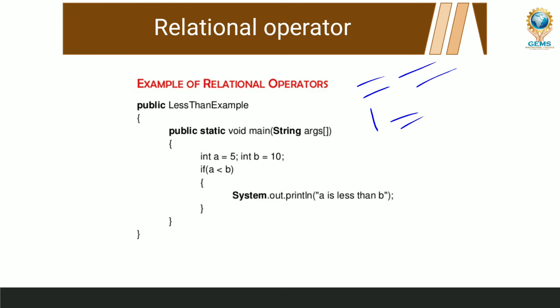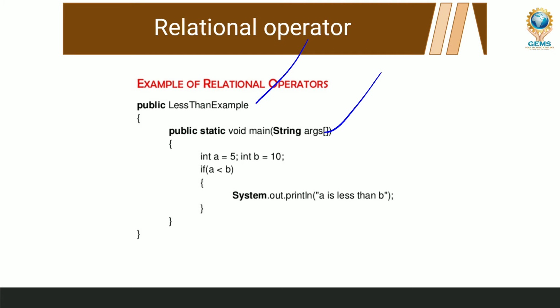For comparing our two operands, we are using a small program in the Java programming language that gives the concept of the relational operator. Public class example, public static void main, int A equal to 5, int B equal to 10.